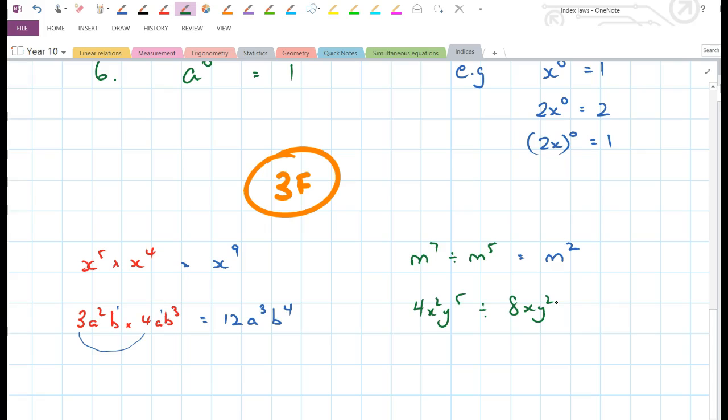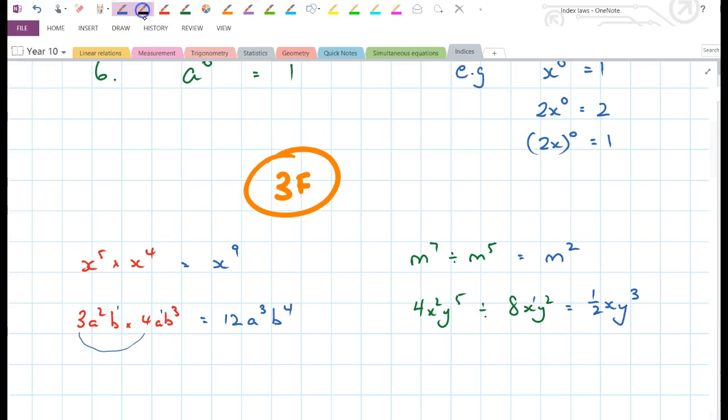Okay, so in this case we're taking the 4 and dividing by 8, so that's going to be 1/2. x squared divided by x, so again a power of 1 there, subtract 2 minus 1 is 1. And now y to the 5 divided by y squared, so we've got y to the power of 3 there, doing a subtraction of powers.